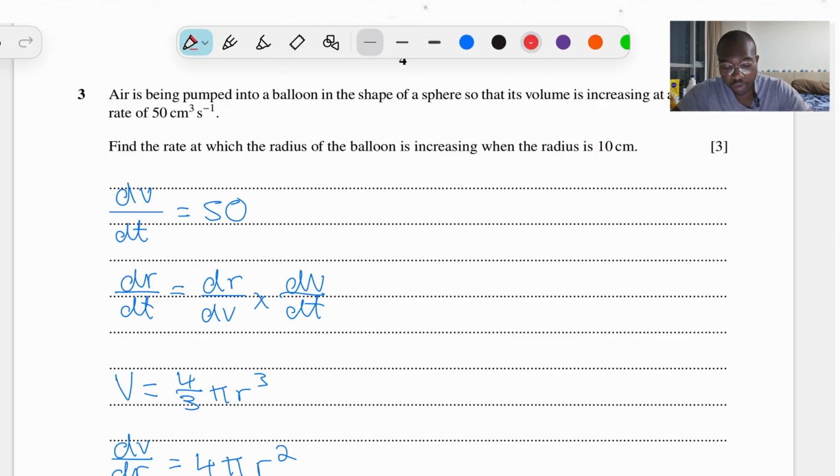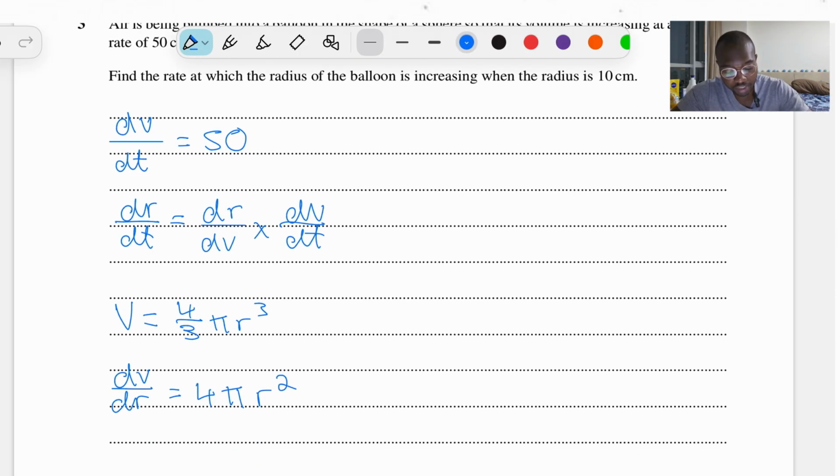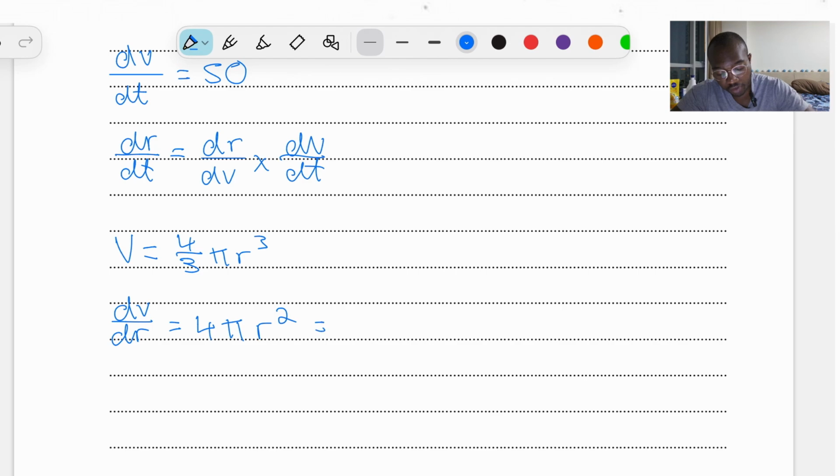So now we input our 10. Make sure we don't do it too early. We want to input our 10 because it's when it's increasing. So now we input our 10 for the radius. So that'll be 4 pi times 10 squared. If you work that out, 10 squared is 100. And then times 4, so that would give me 400 pi.